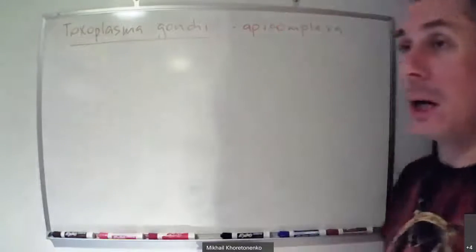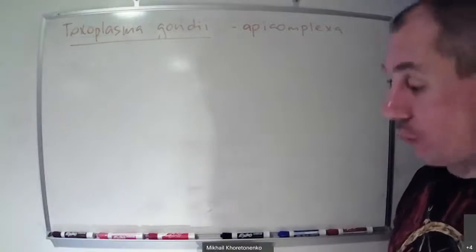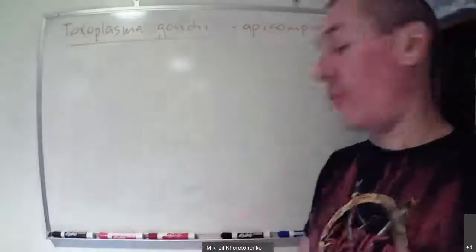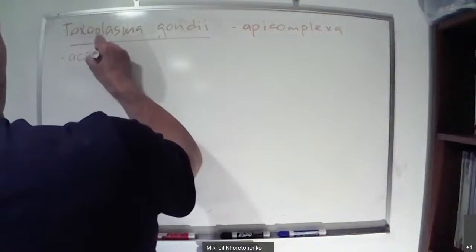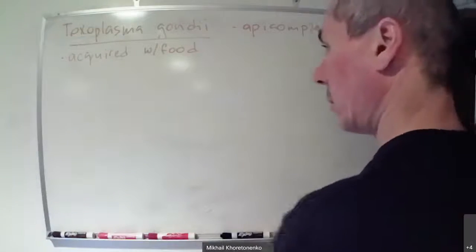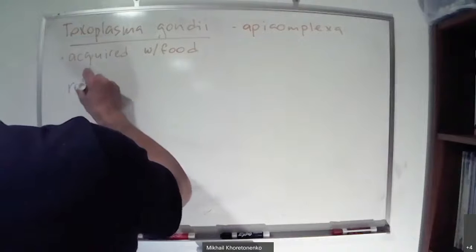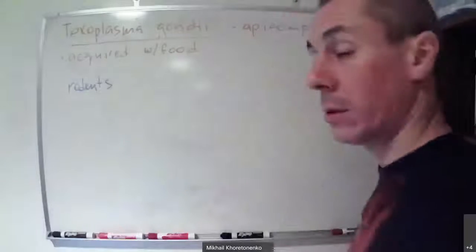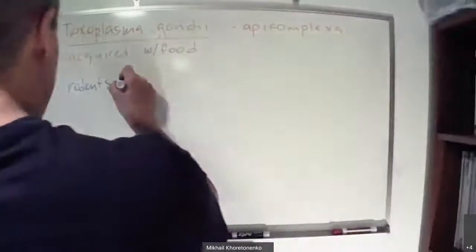So Toxoplasma is acquired by virtually all species via the fecal-oral route. Well, okay, let's not talk fecal-oral, let's say with the foot. The first route that I want to describe: we have rodents that are infected with Toxoplasma, and they shed cysts in their feces.